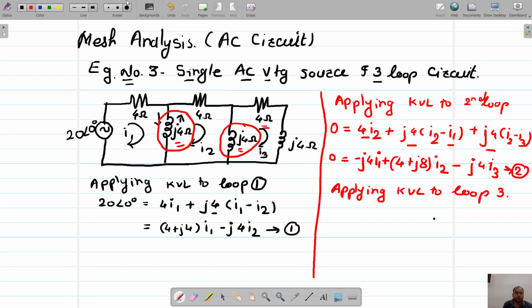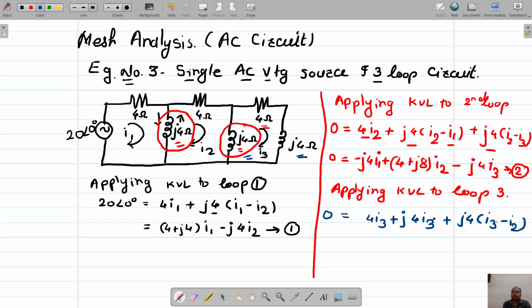So 0 equals 4I3 plus, now let us consider this J4. From this J4 only I3 is flowing, so this J4 into I3, plus, now let us consider the other J4. Since we are applying KVL to the third loop, I3 must be larger as compared to I2.